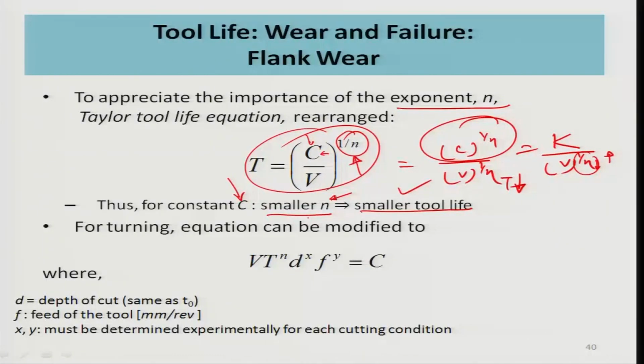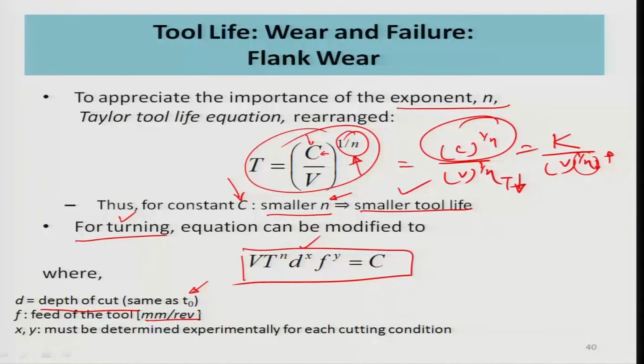So, tool life equation can accordingly be modified for different processes. For example, for a turning operation, the equation may be modified slightly to a form v t to the power of n d to the power x f to the power of y equal to c. D obviously is the depth of cut. So, it is same as the initial cut thickness, or you can say this is T1 or T0 as we had earlier taken in Merchant circle, and f is the feed of tool in millimeters per revolution.